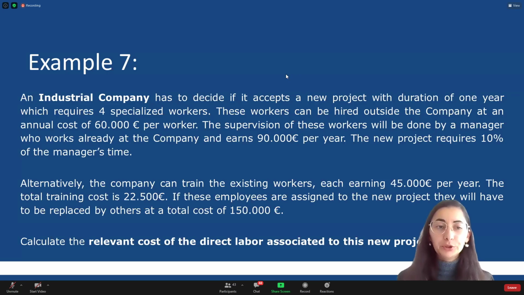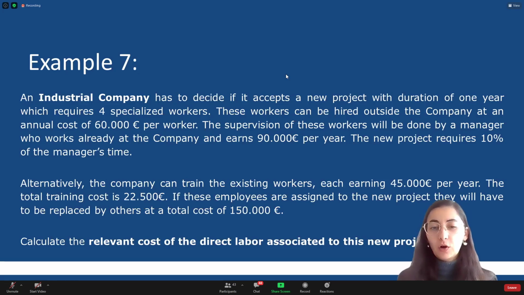And the second option, which was to train the existing workers, the relevant cost was the 22,500 plus 150. By comparing the two options, we realized that it is cheaper for the company if they train the existing workers, because that would be 172,500 and the other one is 240,000.